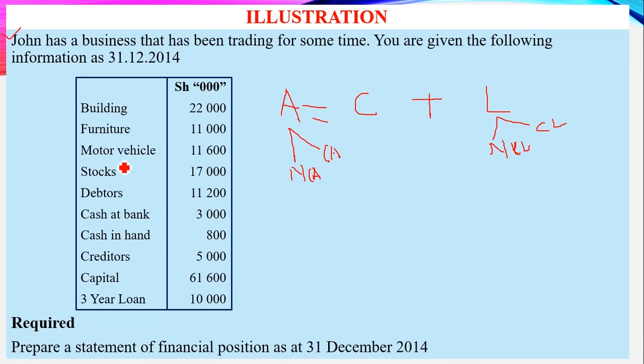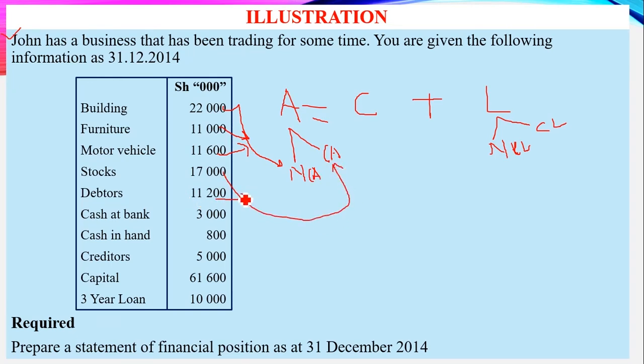So having done that, we need to identify these items. So we have building. Building is a what? It is an asset, and it is a what? A non-current asset. You do the same. Furniture, it's also a non-current asset. Motor vehicle is a non-current asset. You go to stocks. Stock is a current asset.